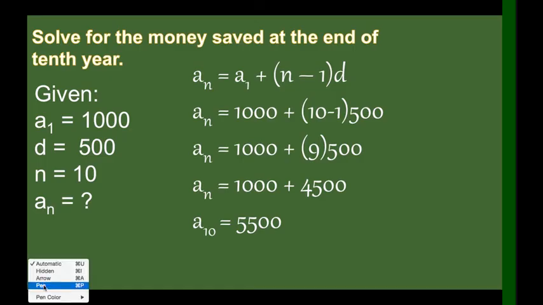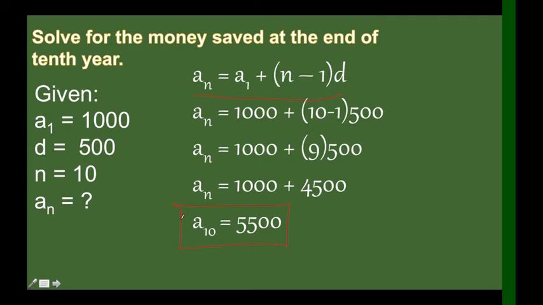This is the formula that we used, and we substitute the given. 10 minus 1 is 9. 9 times 500 is 4,500, plus 1,000 is 5,500. So the money that Alvin saves in the 10th year is 5,500.